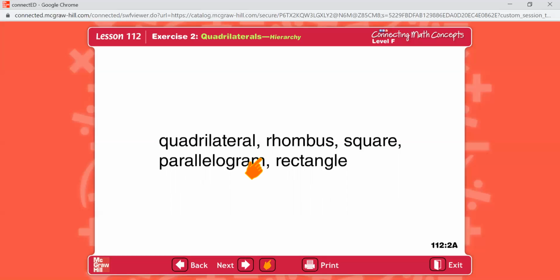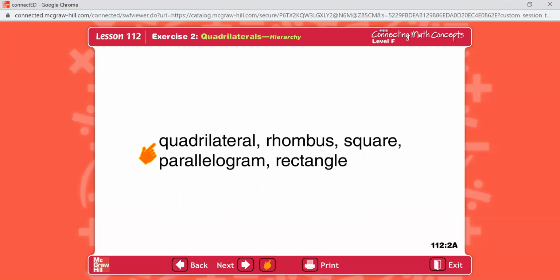A, quadrilateral. B, parallelogram. C, rectangle. D, rhombus. E, square. F, what is any parallelogram that has 4 90-degree angles? Rectangle. G, what is any figure that has 4 straight sides and 4 angles?